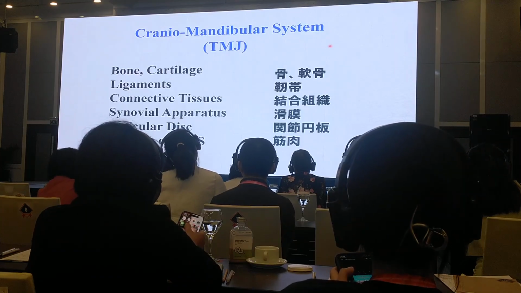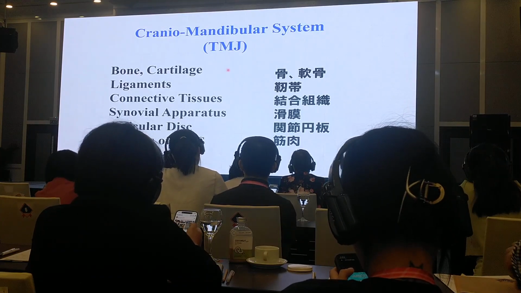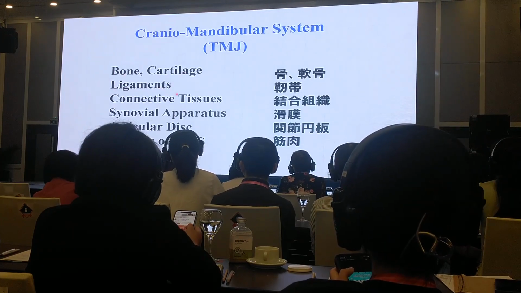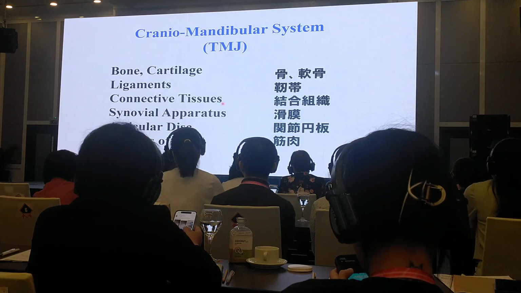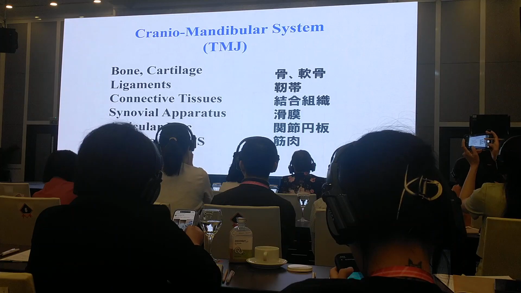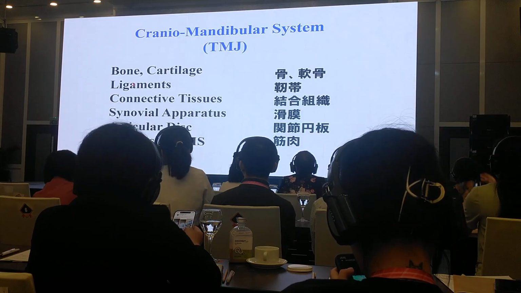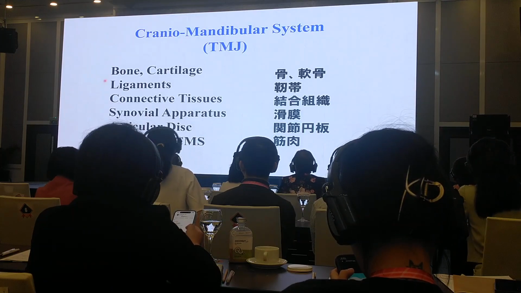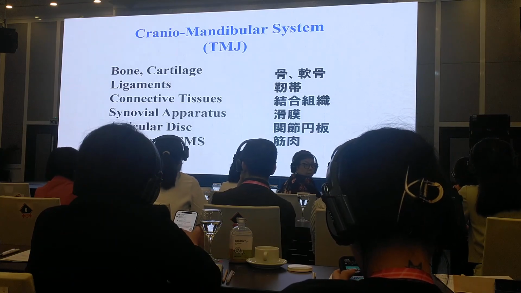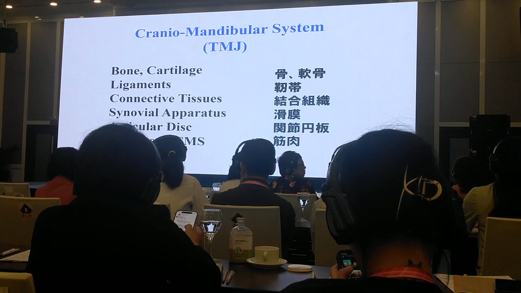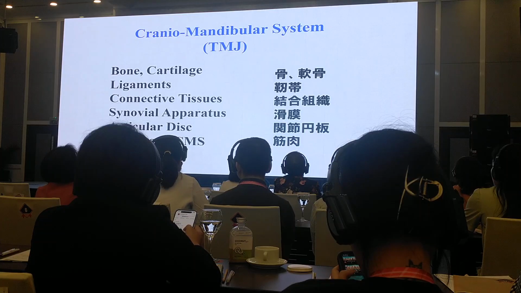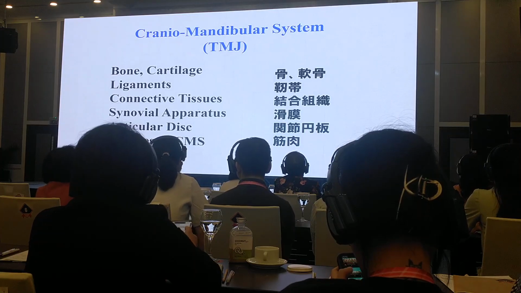The craniomandibular system consists of bone, cartilage, ligament, connective tissues, synovial apparatus, articular disc, and the muscles of the craniomandibular system. All these are working to keep the mandibular position. Therefore, this is very, very important.